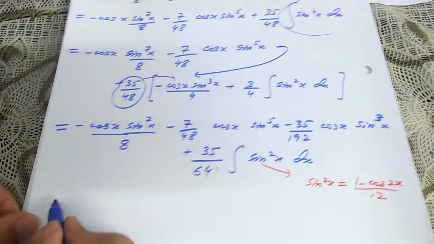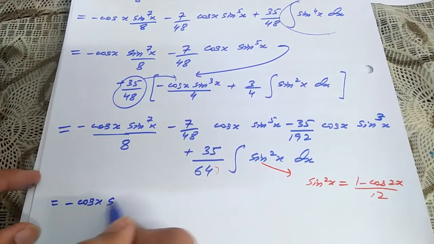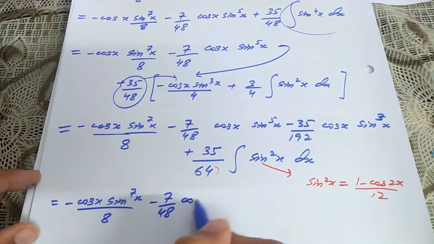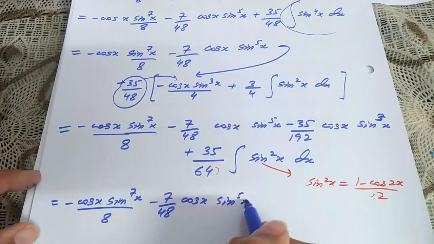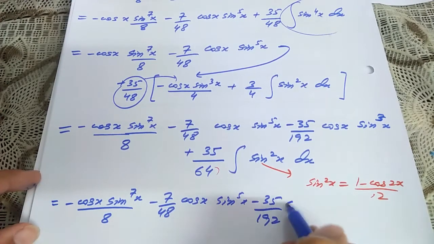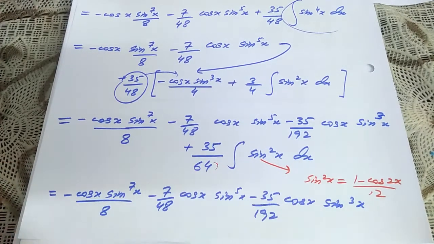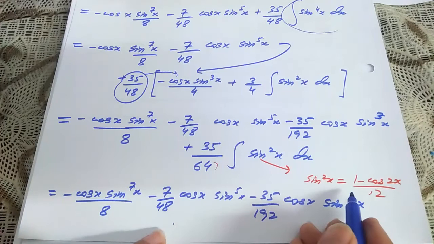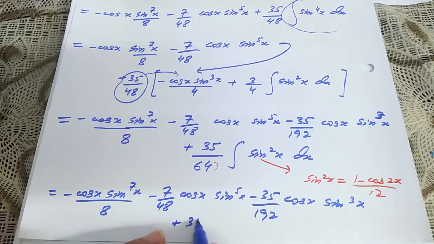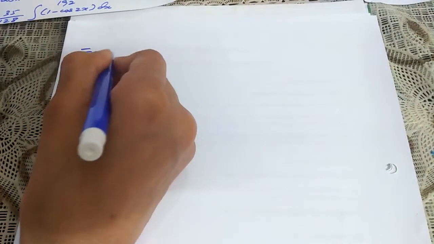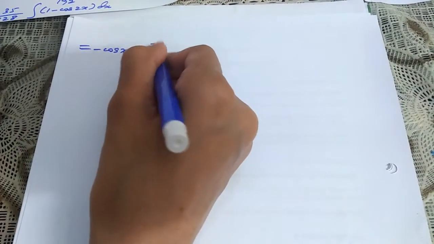So we will get here minus cos of x sine 7x over 8 minus 7 over 48 cos of x sine 5x minus 35 over 192 cos of x sine cube of x, and this 1 by 2 multiplied with the outside, we'll get here plus 35 over 128, and inside the integration we have 1 minus cos 2x dx. So we will be left with the same terms, I am writing them as they are.